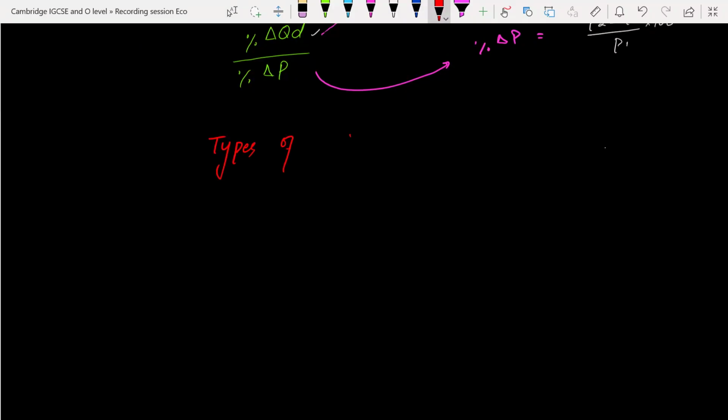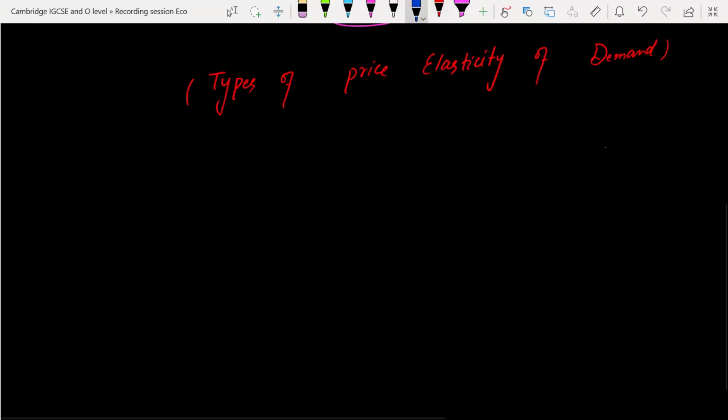Types of price elasticity of demand. The first type is elastic demand.